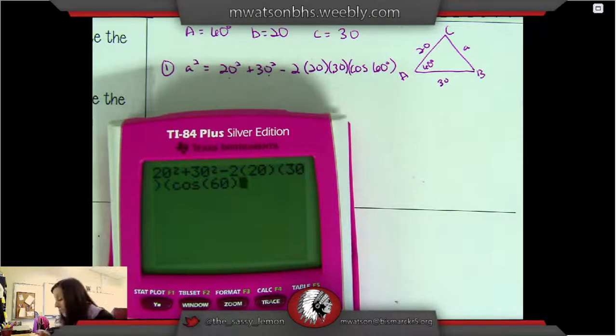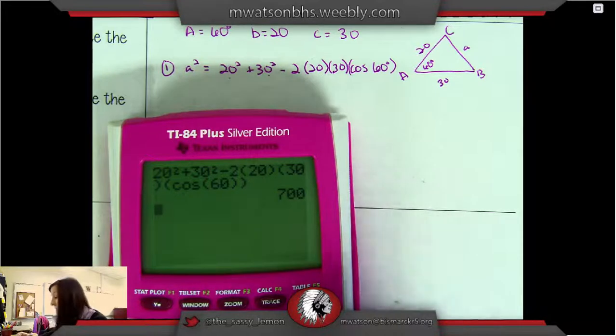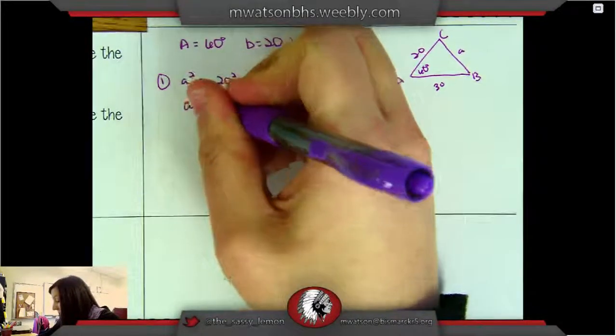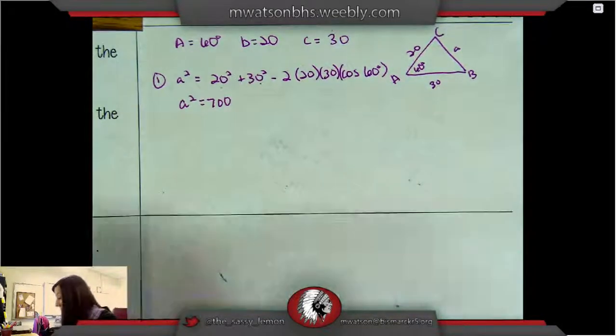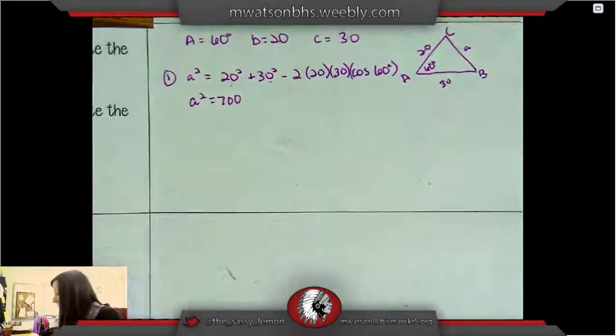I'm going to hit enter, but then check to make sure my calculator is in degrees. I get 700. Yep, it's in degrees. So now I have a squared equals 700. I'm going to square root both sides. The square root of 700 is 26.45, so that's going to round up to 26.5.